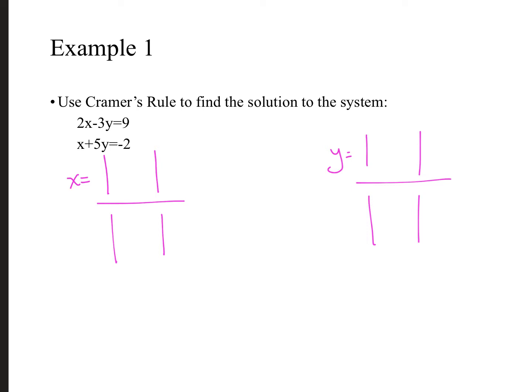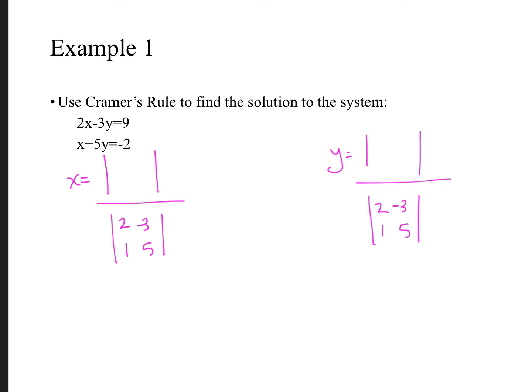This and this are going to be exactly the same. So let's fill that one in first, because that determinant is literally just filled in with the coefficients: 2, 1, -3, 5.